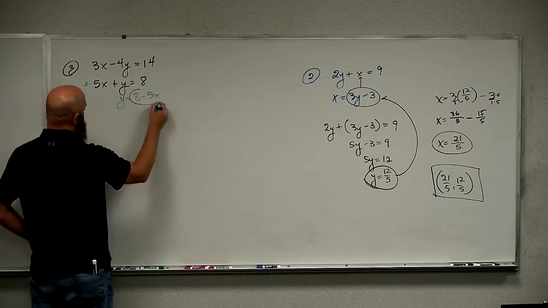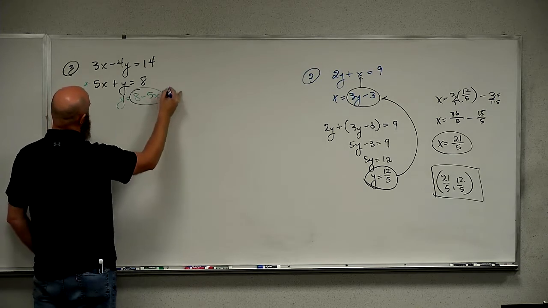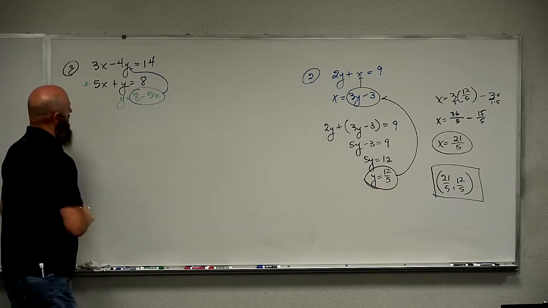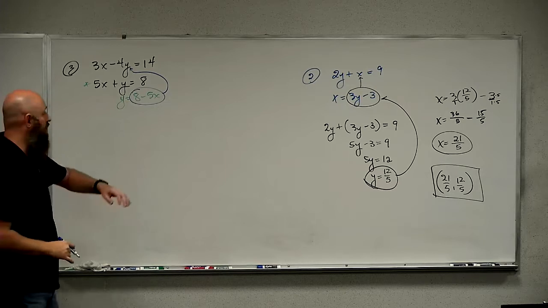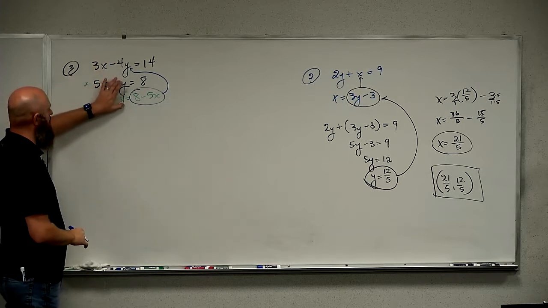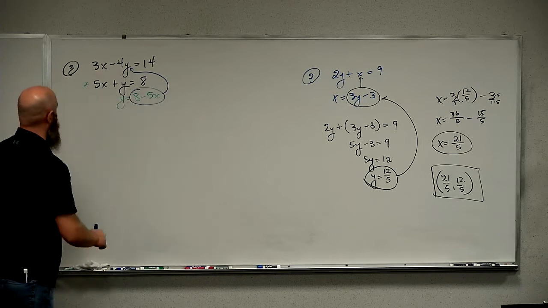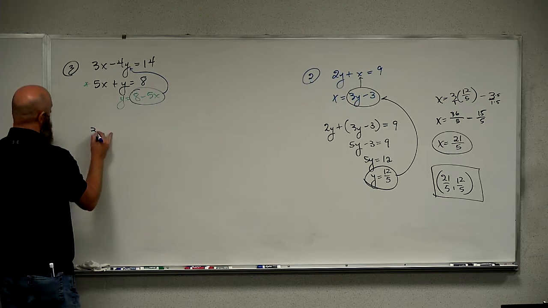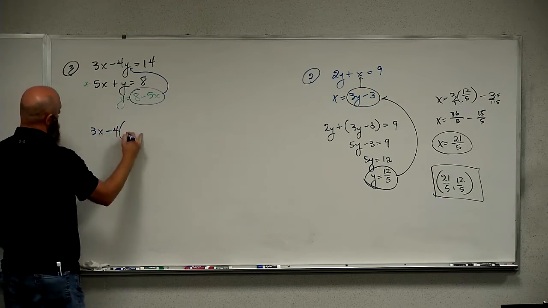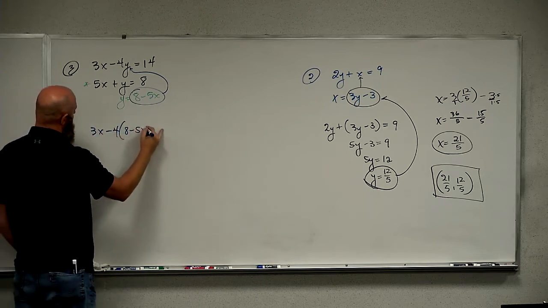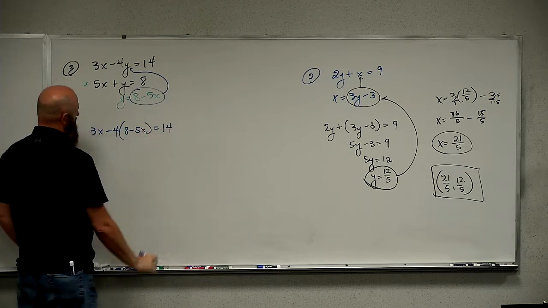So now I'm going to take this 8 minus 5x, and I'm going to plug it into y. Now we've got to go to the other equation. Remember, these two are the same thing, so I can't plug it back in here. I have to go back up to my other equation. All right, so 3x minus 4 times 8 minus 5x equals 14.